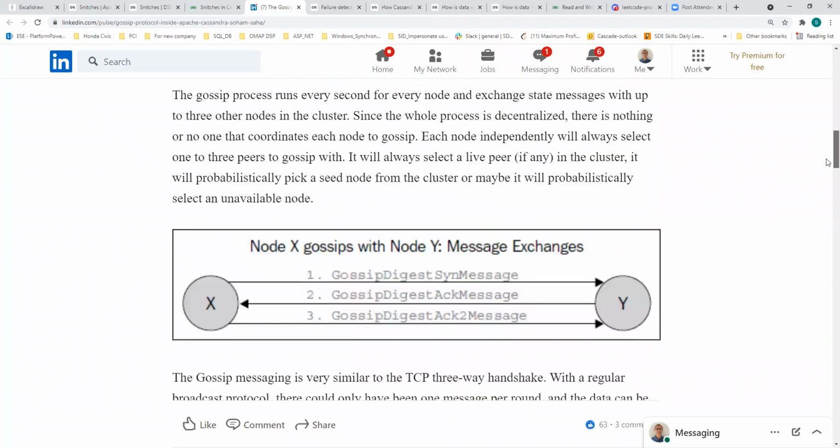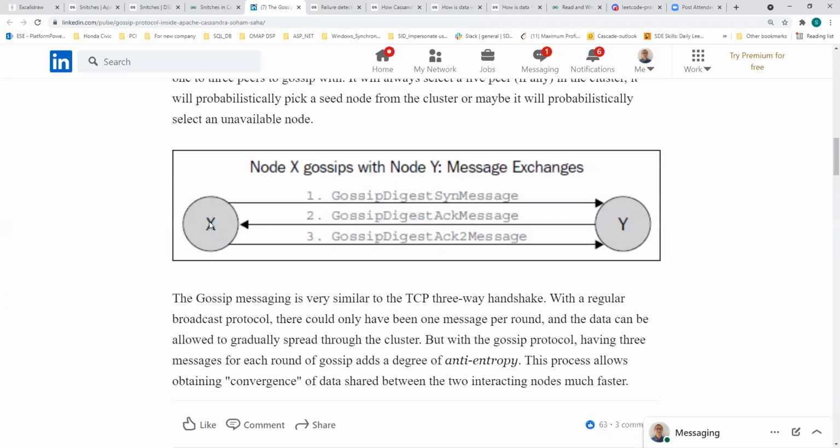Now if we just consider 2 nodes communicating with each other, the way it happens is described like a TCP three-way handshake.